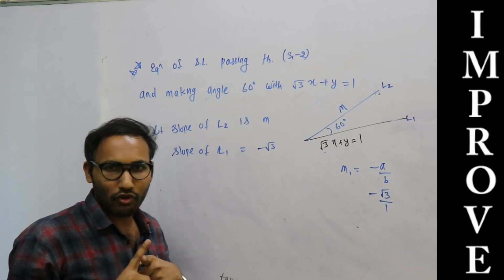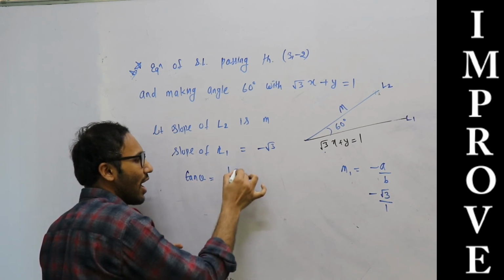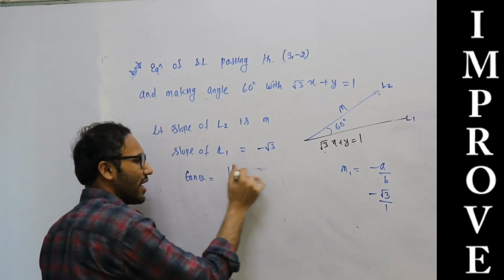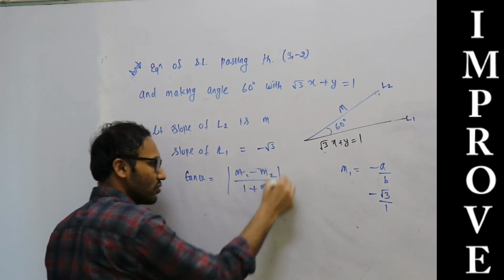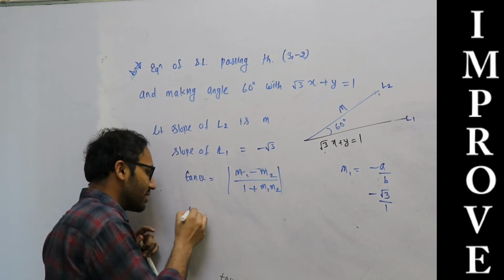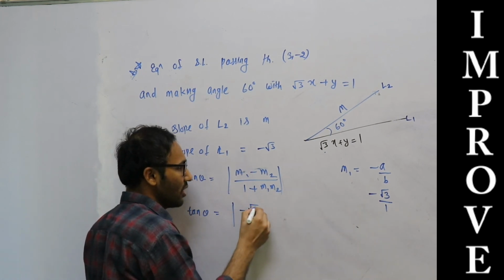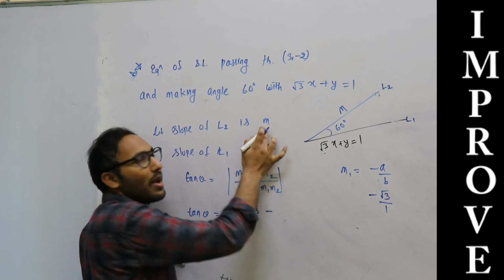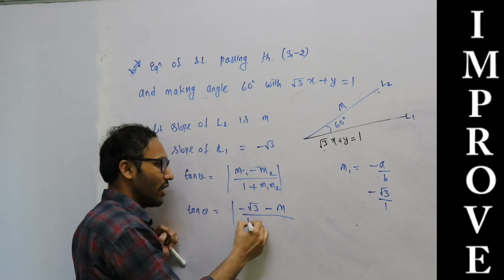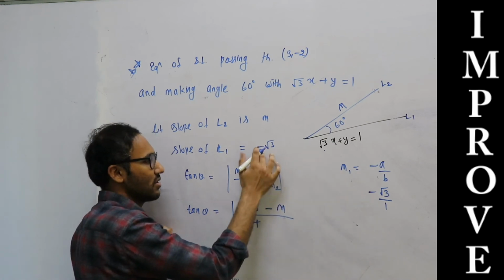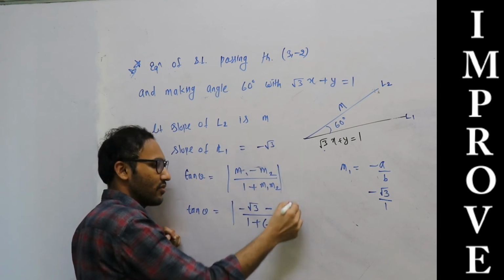Now, what we are doing: there is an angle given, and we just studied the formula for the angle between two lines: tan theta is equal to mod of (m1 minus m2) upon (1 plus m1 m2). The value of m1 is minus root 3, and m2 is the unknown, so we write m.